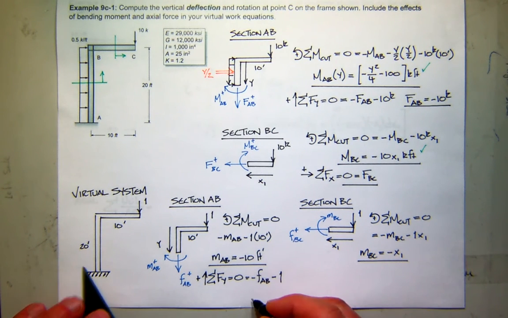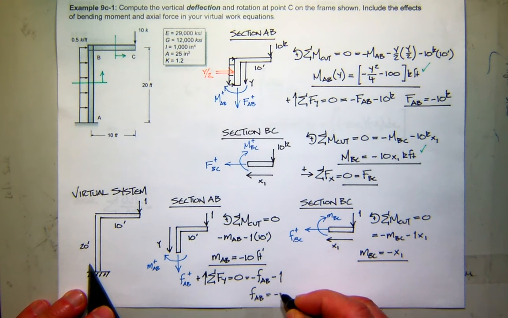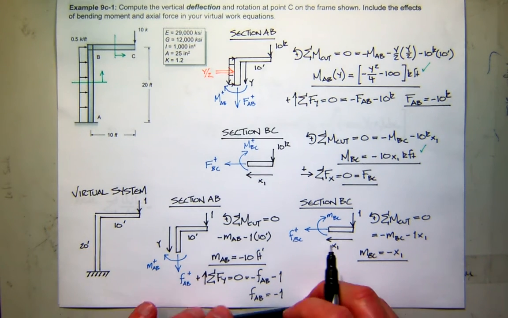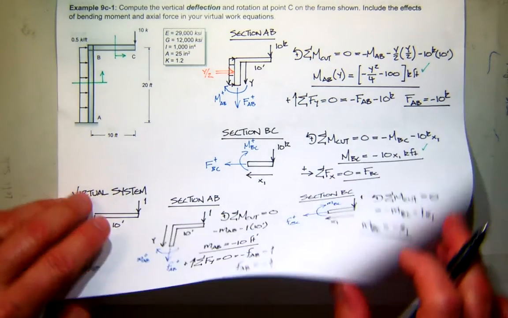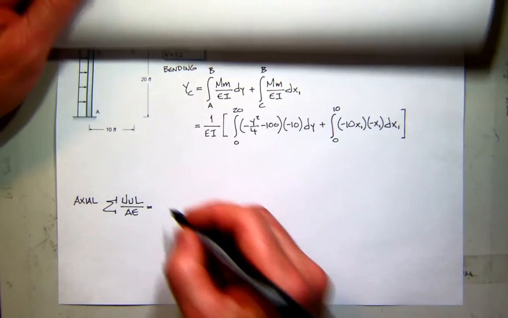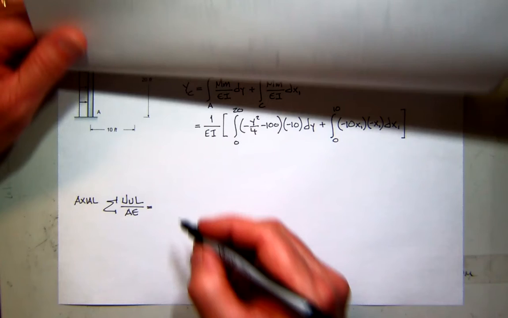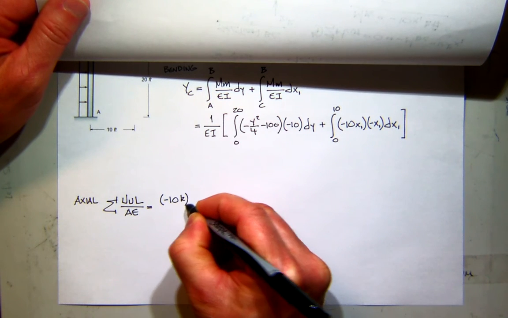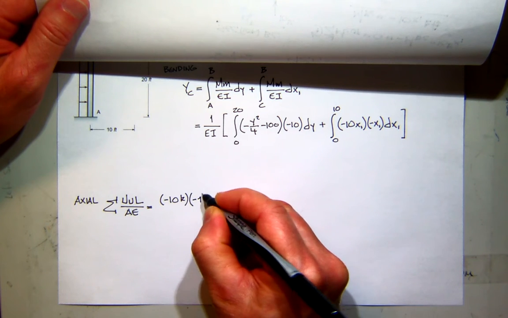So that's not hard. So it looks like the virtual force is minus 1. Sorry about that. So when I put this together, I'll have the real force minus 10 kips. The virtual force is minus 1.